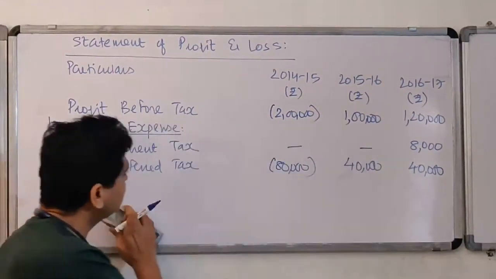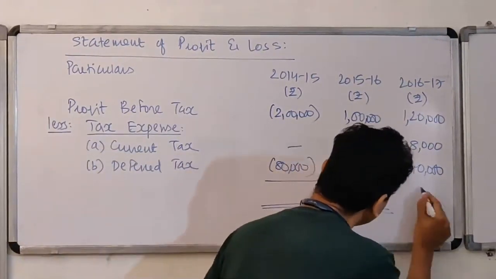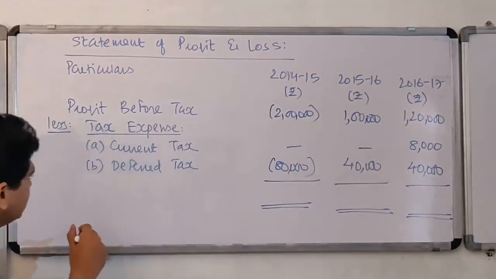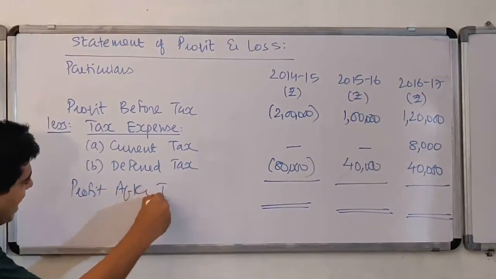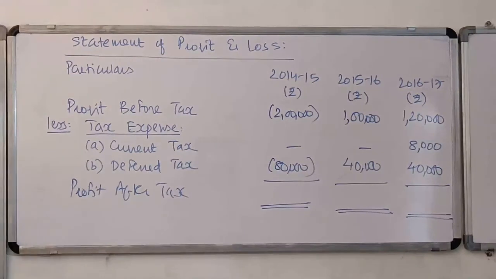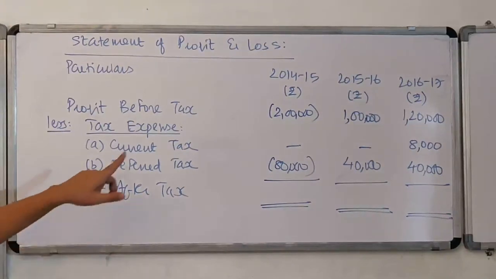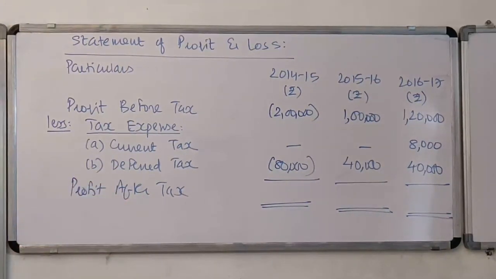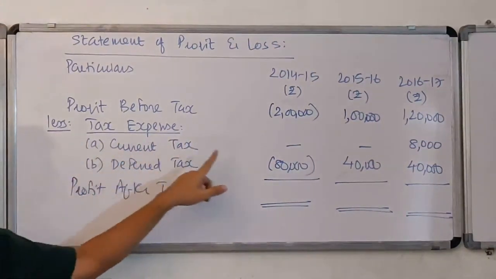Let's complete it now. This is what will give you profit after tax, your PAT. What do you say? PAT. You have negative 2 lakhs, right? Negative 2 lakhs minus minus.